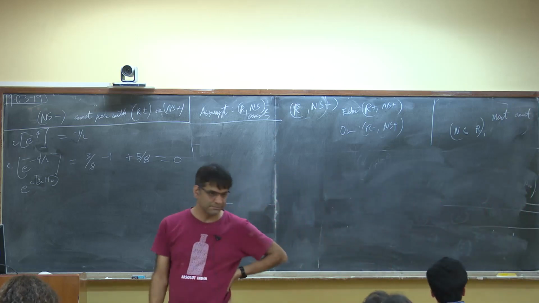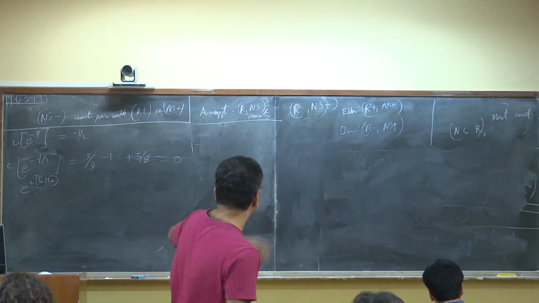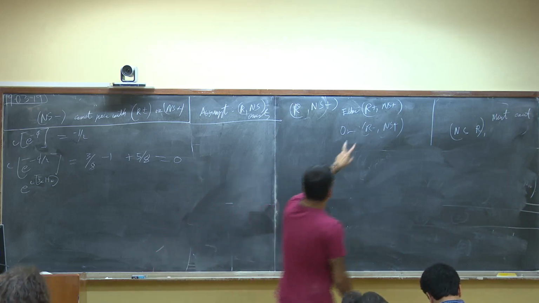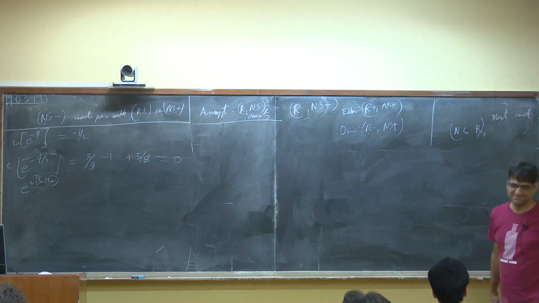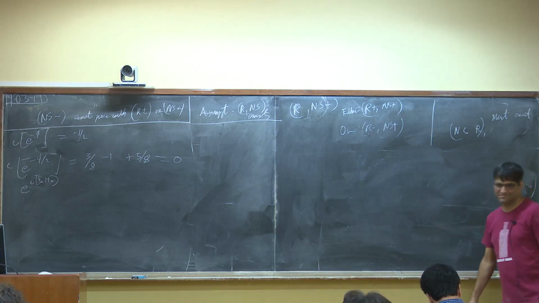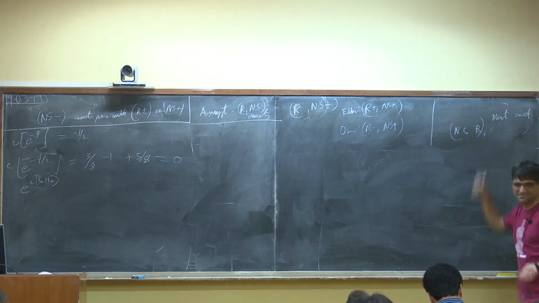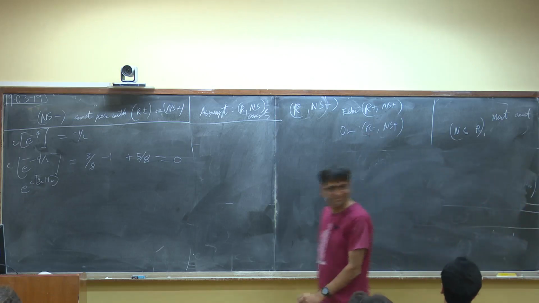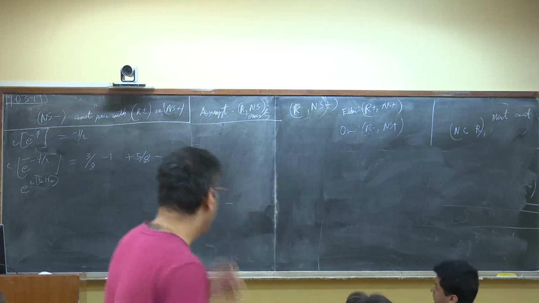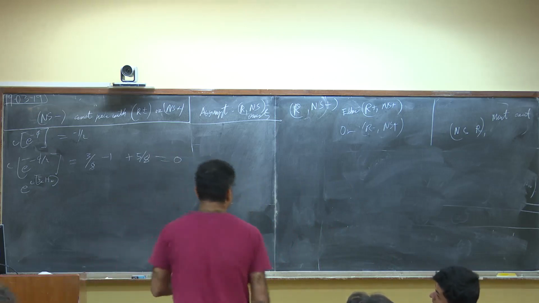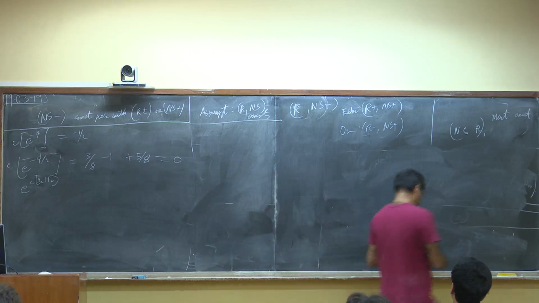If you have an RR sector, then you are doing OPE between R and this R, which is NS. R and R is NS, and NS and R is R, and therefore you get NSR. Is this clear? So you're saying if I had this and additionally an RR sector, I would get an NSR sector.